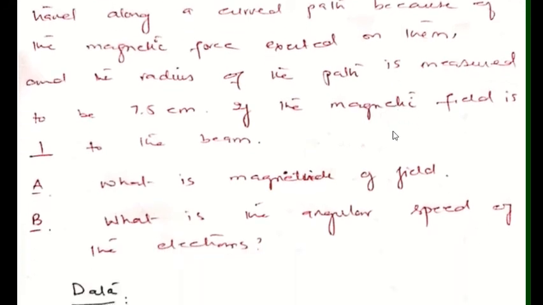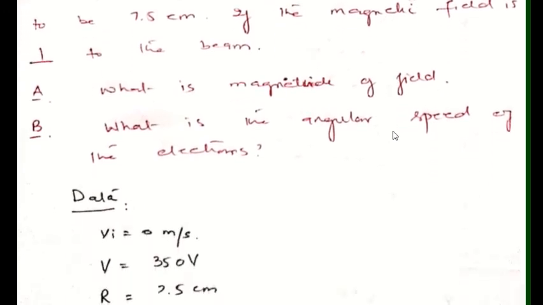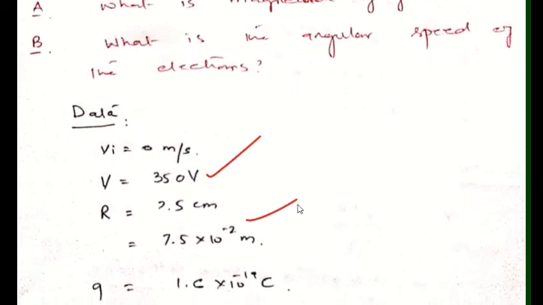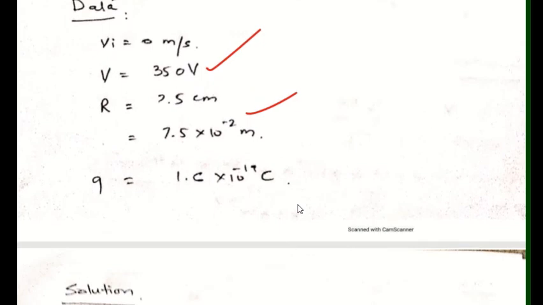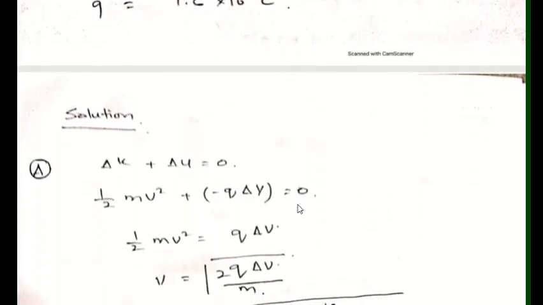If the magnetic field is perpendicular to the beam, we have to solve two parts. In part A, what is the magnitude of the field, that is we have to find B, and in part B, what is the angular speed of the electrons, so we have to find omega. Initial velocity is 0 and potential is 350 volts, radius is 7.5 times 10 to the power minus 2 meters, charge is 1.6 times 10 to the power minus 19 coulombs.